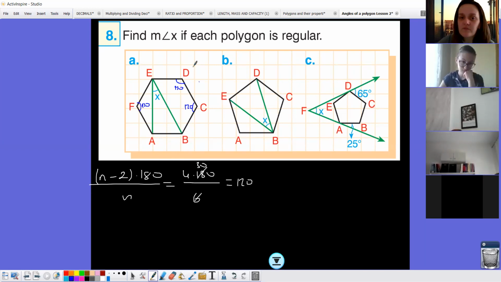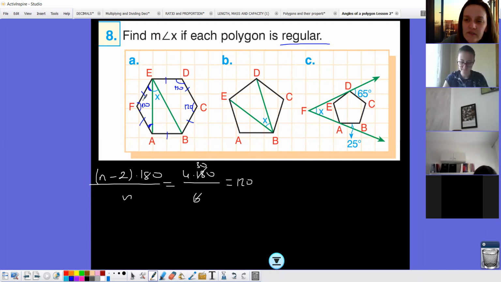But one more thing to remind you: because it is a regular polygon, all the sides are equal. Now, do we have here a proper isosceles triangle? Yes. If this one is 120, these two angles will be the same because it is an isosceles triangle.